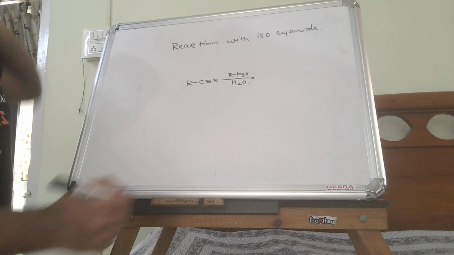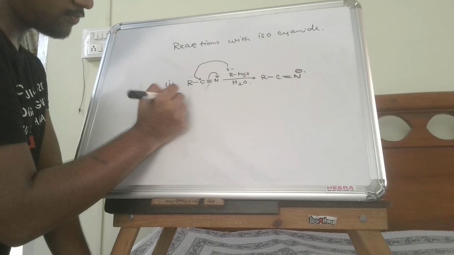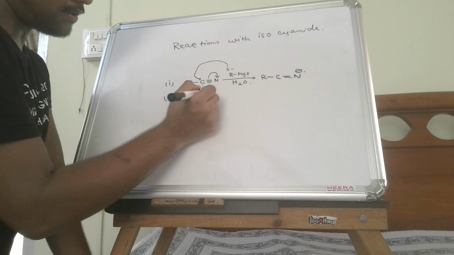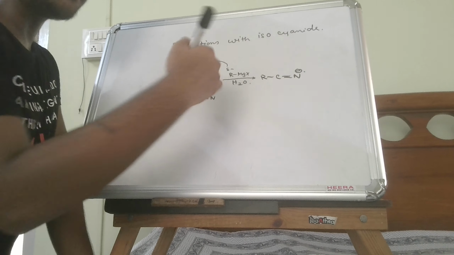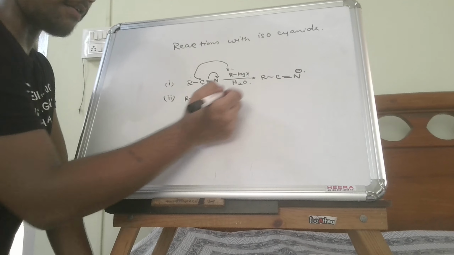This is step one. Step two: N minus will not stay, it will react with H plus to form RC double bond NH, an imine.